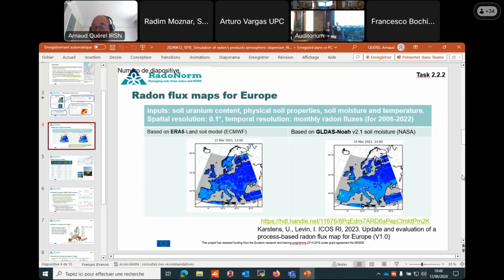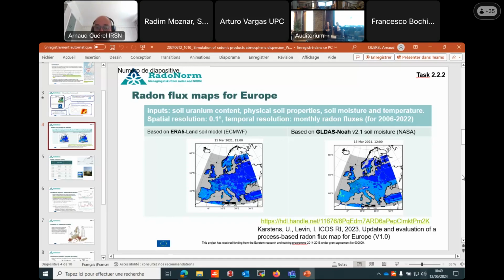For example, for the Mace Head station in Ireland, which is very near to the coast, we had some issues in comparing the radon air concentration to the models. Some stations are unable to be compared to the modeling, especially because they represent some very local behavior which is not captured by this crude model, as you say.